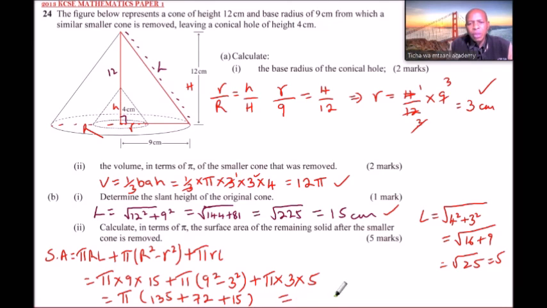When you add that up, you get 222 pi. We are calculating the surface area, so this means it is centimeters squared. So that is how you work that out, and there you get 5 marks.